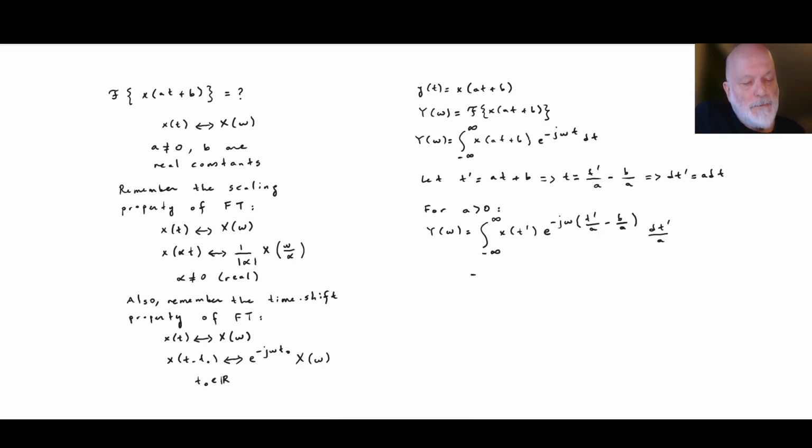So the integral turns out to be 1 over a, e to j omega b over a, and the integral of x of t prime e to minus j omega over a t prime integrated with respect to t prime.